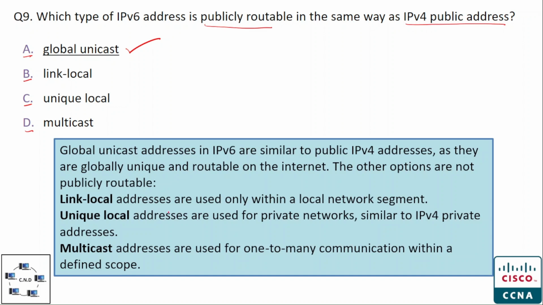Link local addresses are used only within a local network segment. Unique local addresses are used for private networks similar to IPv4 private addresses.